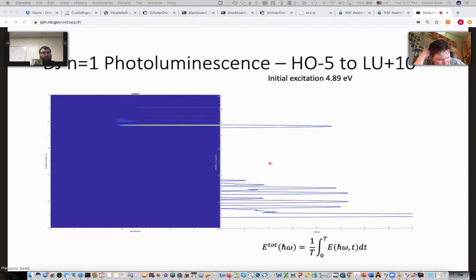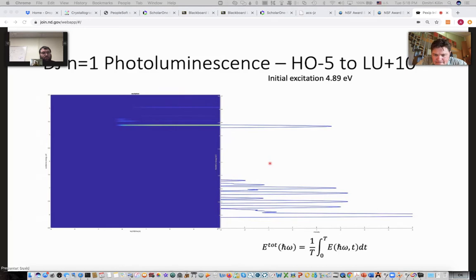Two questions, or two questions and a comment. From the data that you have generated, would it be correct to say that optical range, visible range photoluminescence is independent of the excitation energy, that the transition energy and intensity of the photoluminescence signal is the same, independent of where you excited?